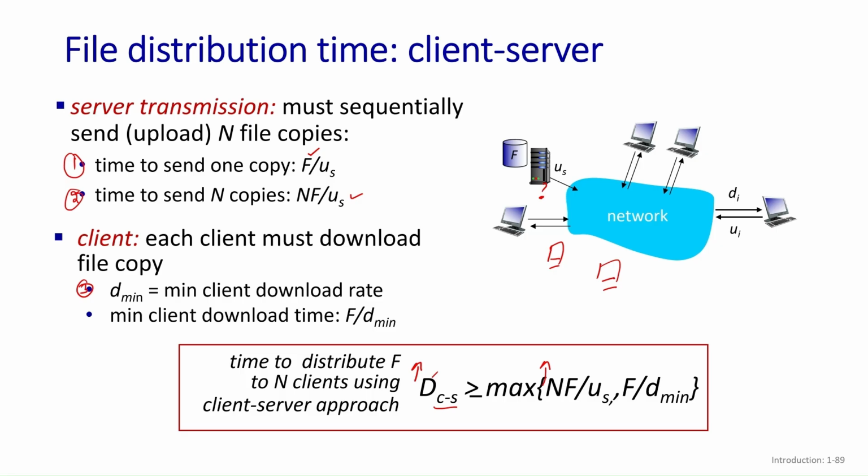Why? Because u sub s is not increasing and n is increasing. Obviously, this will increase the file distribution time. If n increases linearly, so will the distribution time. We'll see in a graph in a minute.